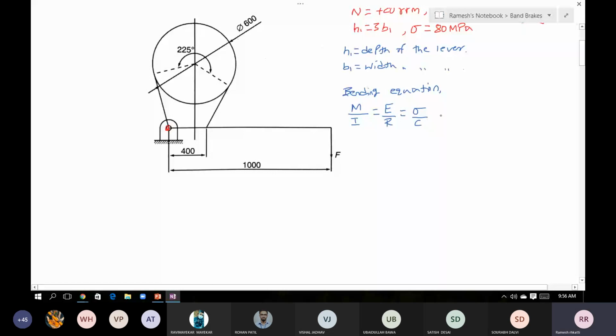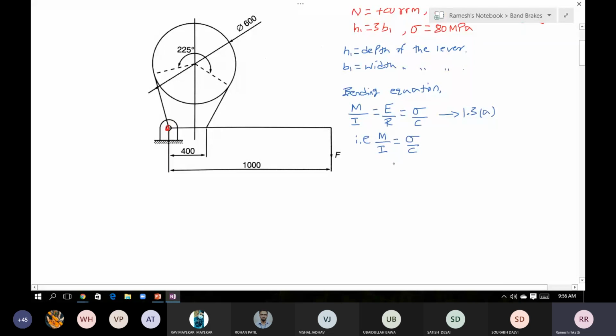This equation is 1.3a, which is there in your data input. The bending equation, I have taken that. Therefore, here the stress is given, so I can use M by I, bending moment by moment of inertia, equal to stress divided by C.